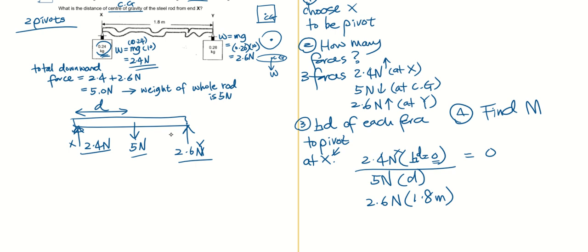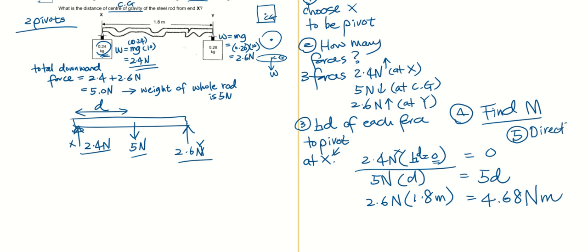So for this 5 Newton, it is 5D, right? We take this 5 Newton multiplied by the perpendicular distance, which is D. Then for the 2.6 Newton, this will be 4.68 Newton meter.